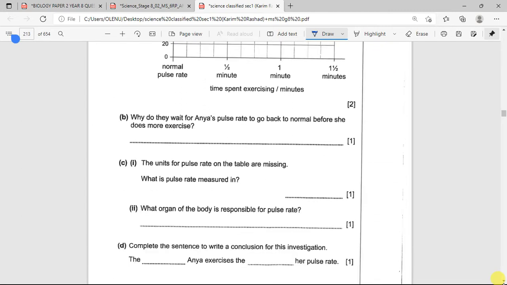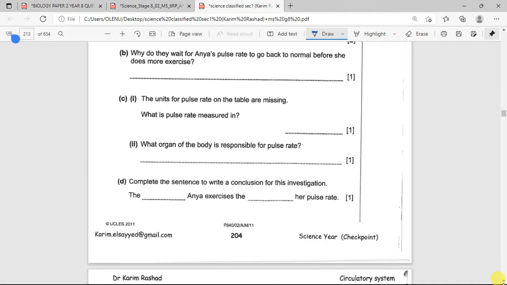So why do they wait for Anya's pulse rate to go back to normal before she does more exercise? So that we have the same starting point, or to make it a fair test.